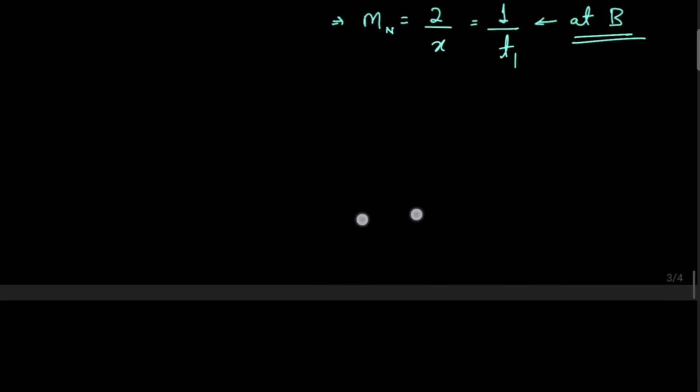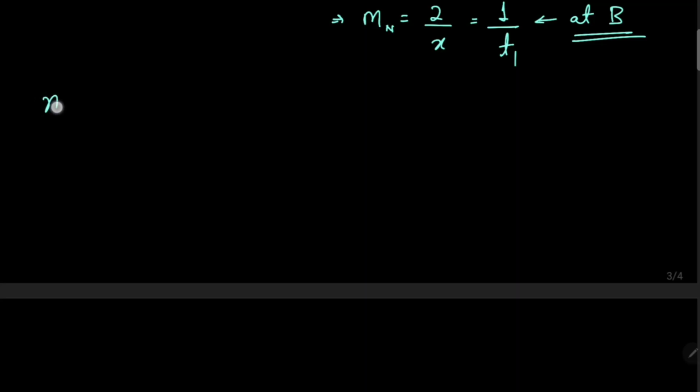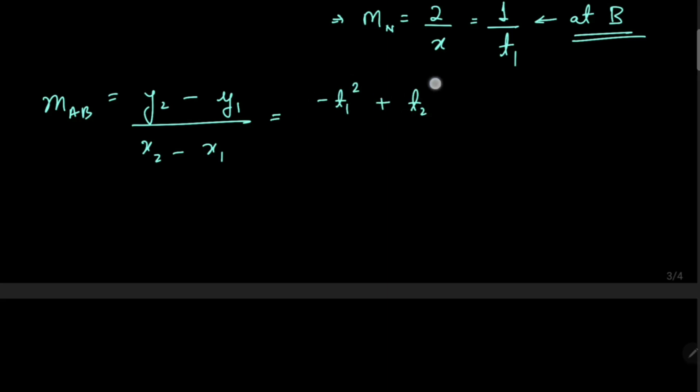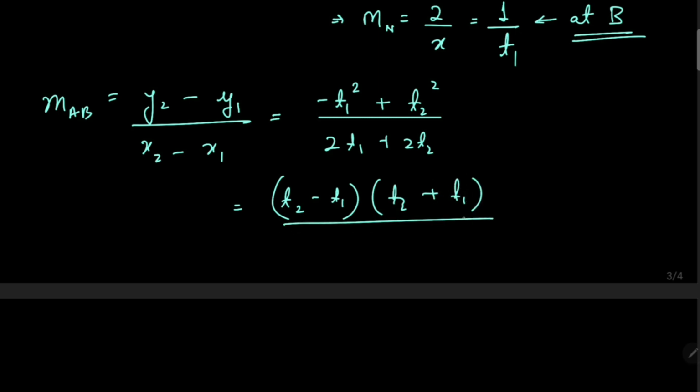Now let's move on to the next page. We can see that the slope of AB, according to the formula y2 minus y1 upon x2 minus x1, will result in minus t1 square plus t2 square upon 2t1 plus 2t2. Factorizing the numerator, we get t2 minus t1 into t2 plus t1, and below we get 2 into t1 plus t2.